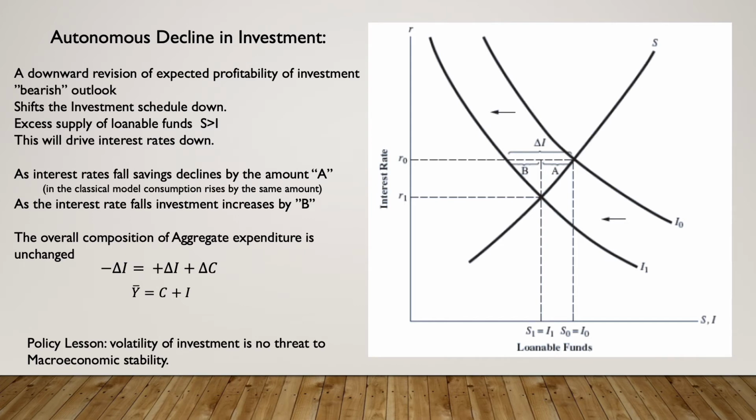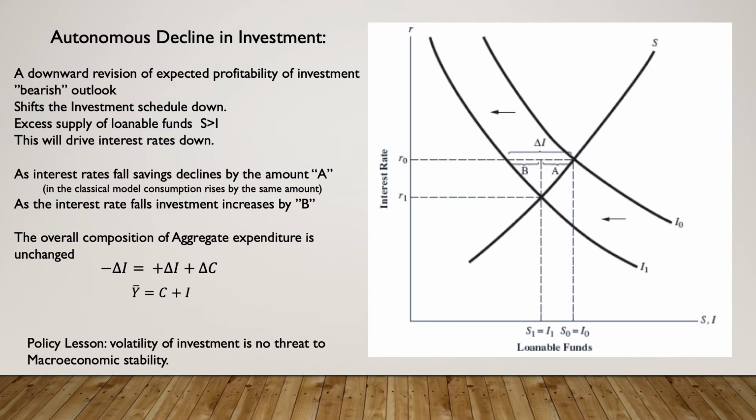At the old interest rate R0, we no longer have equilibrium. In fact, we have a disequilibrium. Now look at the brackets there, that distance where we shifted from our old equilibrium at R0 and I0 to our new disequilibrium. We've got that shock there. The distance by which investment fell is indicated by delta I, that's the change in investment.